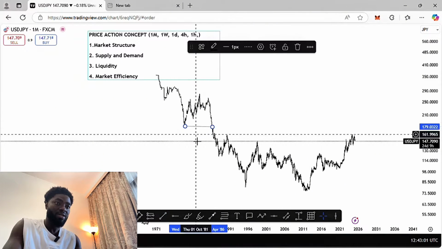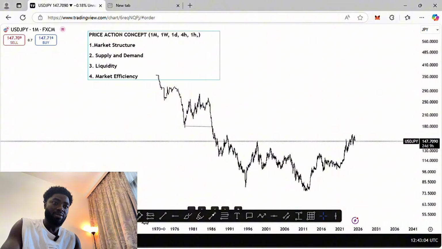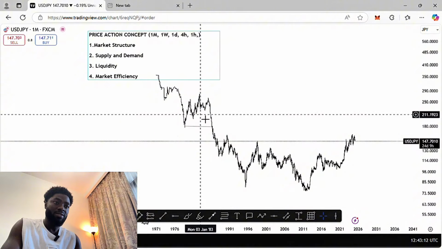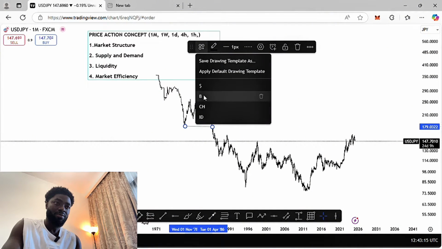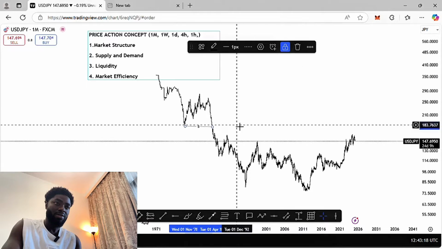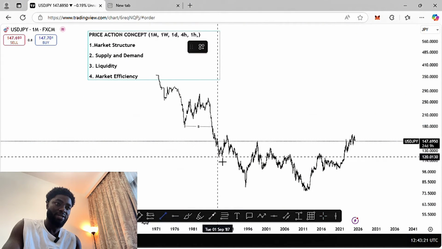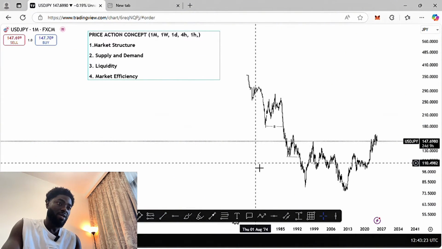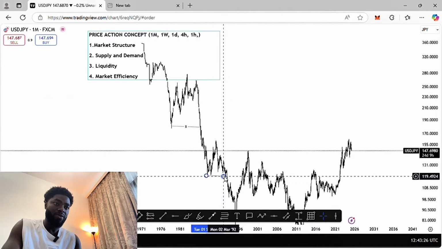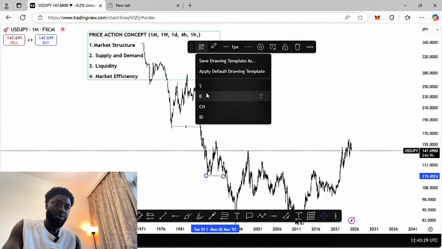So now we can see that from the inception of this market, which is USDJPY, we started from 1971. Since then, we've been breaking structure to the lower side, which is telling us that the market is in a sell form. So break of structure to the downside, break of structure to the downside.